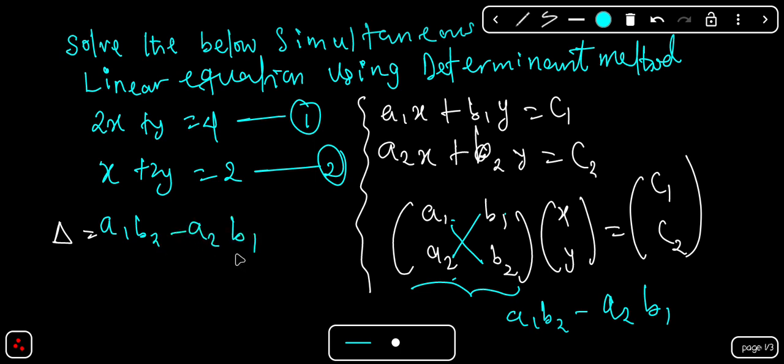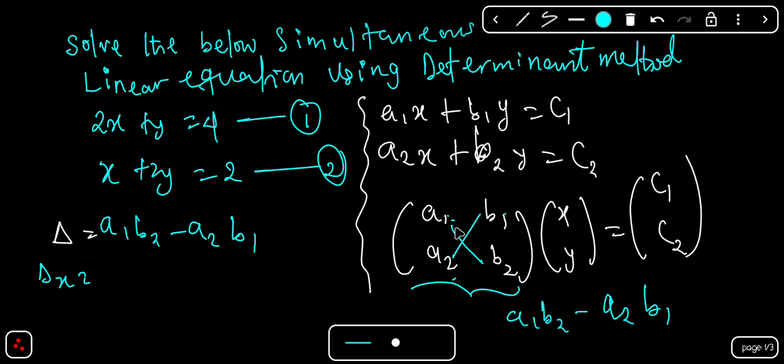The next thing is to find the determinant for x and the determinant for y. For x we call it delta x.